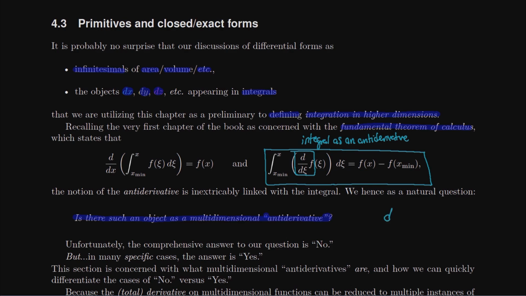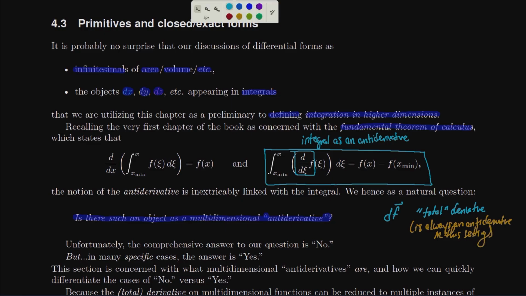Well, we did discover the derivative of a multidimensional function as the total derivative. And in that setting, there is always an antiderivative. But in a lot of cases, we don't actually have total derivatives sitting around, especially when we're integrating, right? Because I'm going to point our attention back to these differentials. These differentials, these differential forms, are what we actually integrate against.